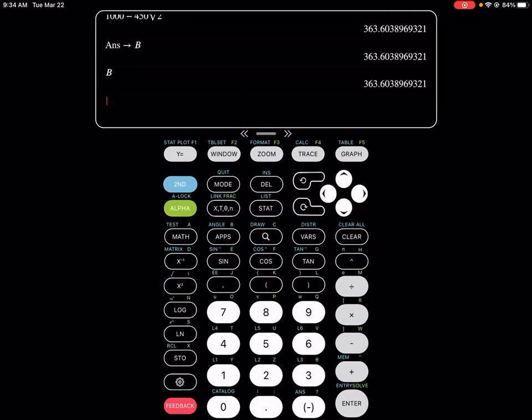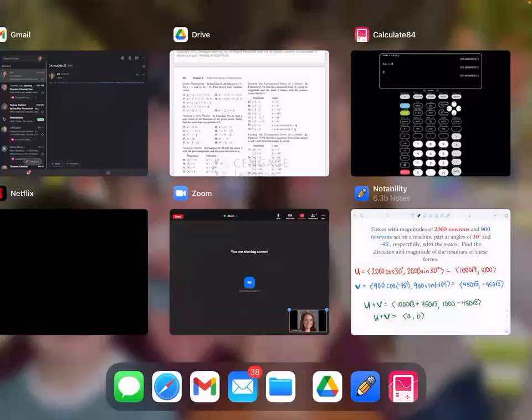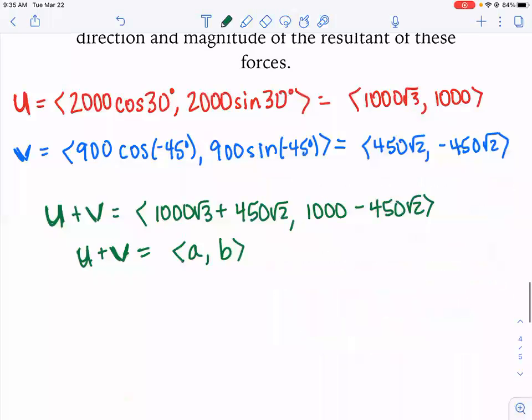Okay, that's going to make our life a little bit easier now, because we need to find the direction angle. So we know that the tangent of theta equals b over a.